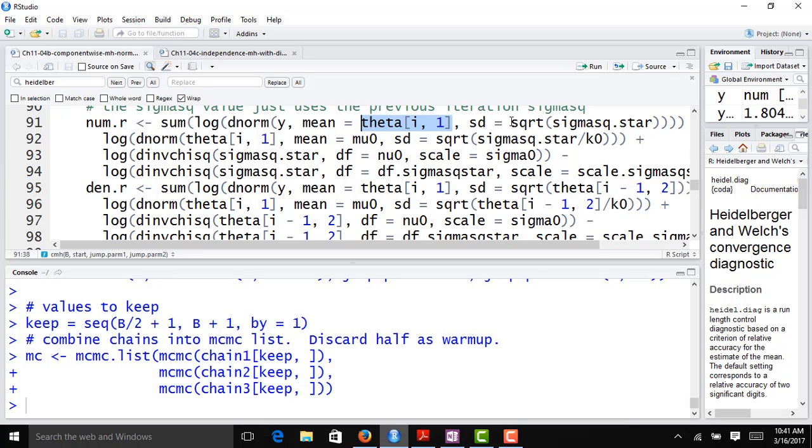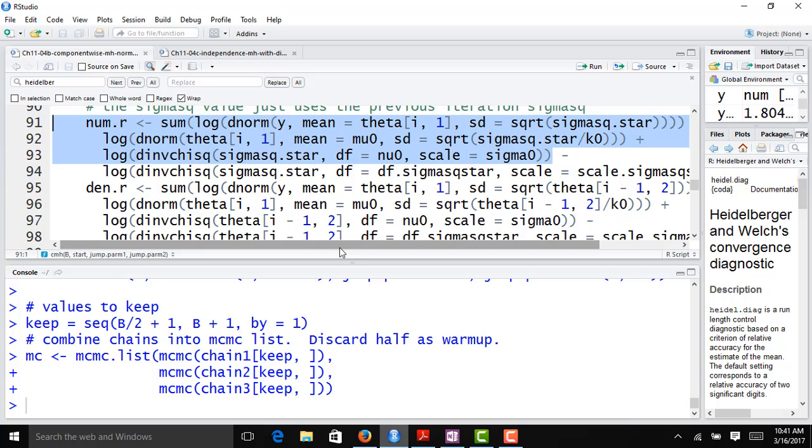And everywhere that I had a sigma squared of i minus 1, the value of sigma squared selected in the previous iteration of my chain, I'm now going to update with sigma squared star, which is the value that I just sampled from my jump distribution. So this all looks very similar to before.